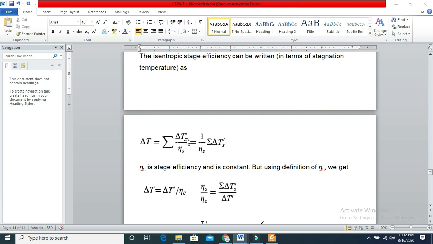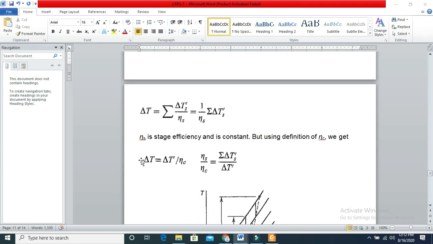So if we divide the ideal temperature rise in a stage by the stage efficiency, we will get the actual temperature rise in a stage, and after the summation we will get the total actual temperature rise. The stage efficiency is assumed to be the same for all these stages, so we can remove this eta s out of the summation sign and we will get summation delta Ts dash.